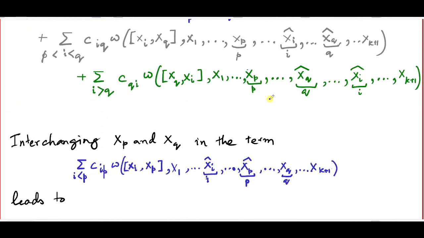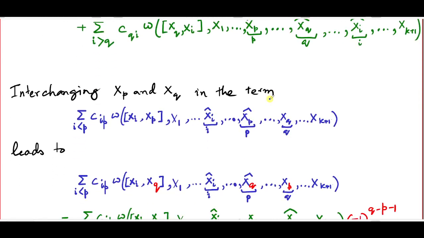Then what you get is the following. This was the original term. Here, the coefficients and all the other vector fields stay the same. xp is replaced by xq here. Of course, the slot from which xp went missing now has xq missing from the same spot, and you have xp sitting here where xq sat in your original term.